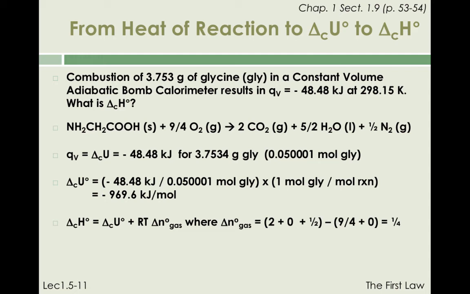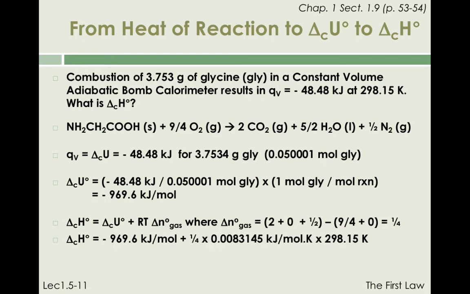Delta n gas standard is equal to 2 for CO2 plus half for nitrogen minus 9/4 for oxygen, which is equal to 1/4. So delta C H standard equals minus 969.6 kilojoules per mole plus 1/4 times 0.00831451 kilojoules per mole per Kelvin times 298.15 Kelvin.